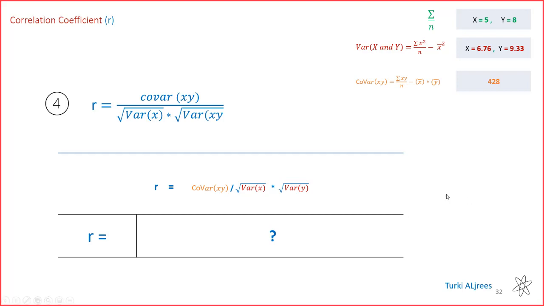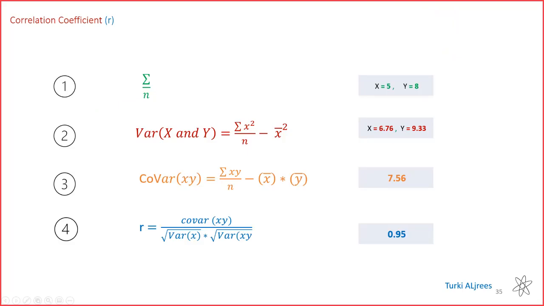We know our variances from before. Stick all these figures into the calculator. We find that our correlation coefficient equals 0.95. That's great.